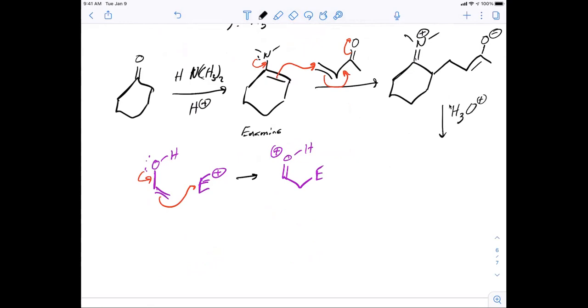Now I'm not going to show all the steps here, but what happens if I take an enamine, or a positive imine in this case, and put it in water and acid? That's going to hydrolyze to the carbonyl.